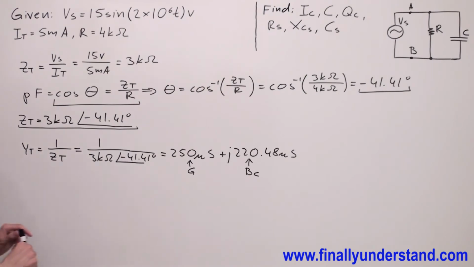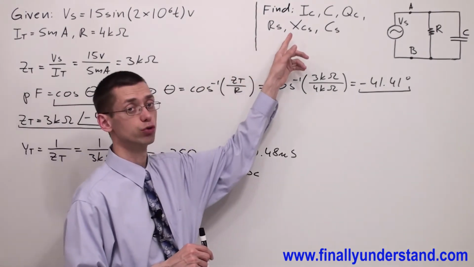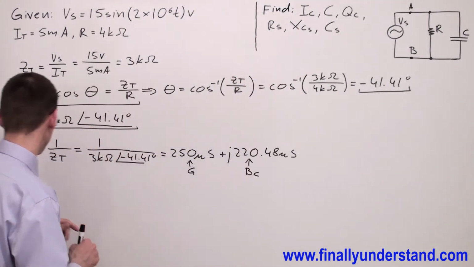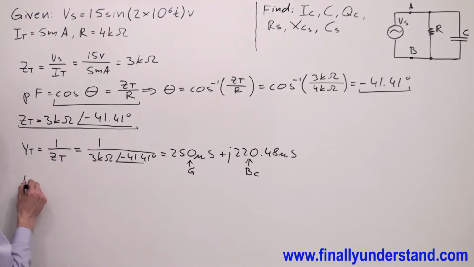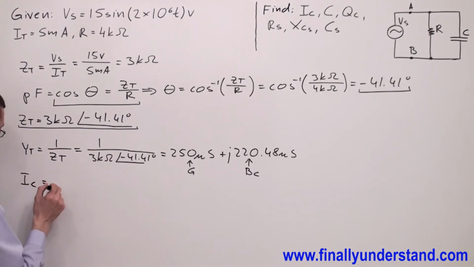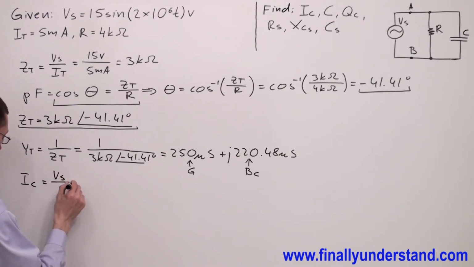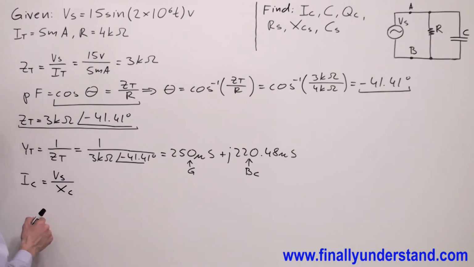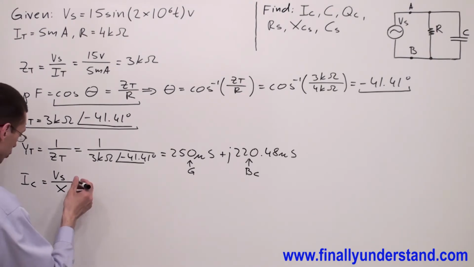Next, I can find the current which will go through the capacitor. So I'm supposed to simply write IC is equal voltage source over X of C, right? Someone is going to say, but we don't have yet X of C. So what we're supposed to do?